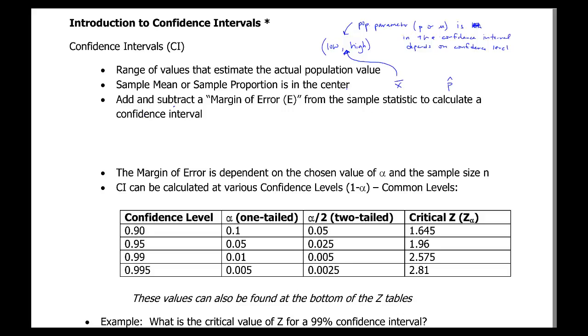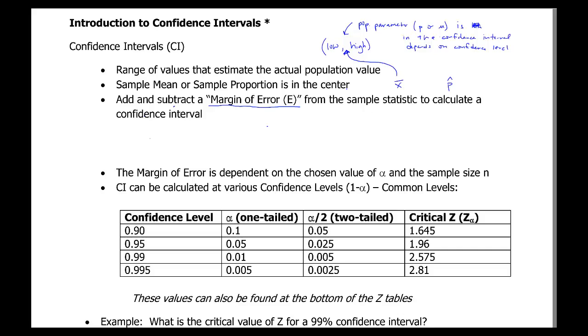And the other part that you need to calculate a confidence interval is called the margin of error, and you may have heard of margin of error. They use it a lot for reporting polls, like if they're tracking voting or something like that in politics, they'll report a margin of error with their percentages.